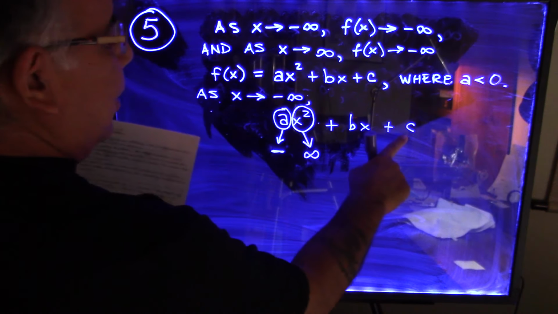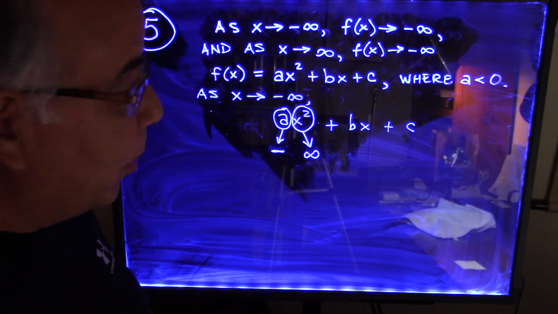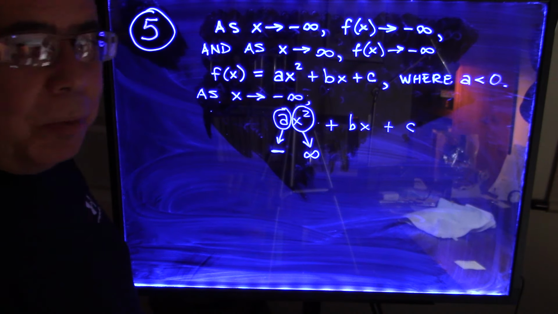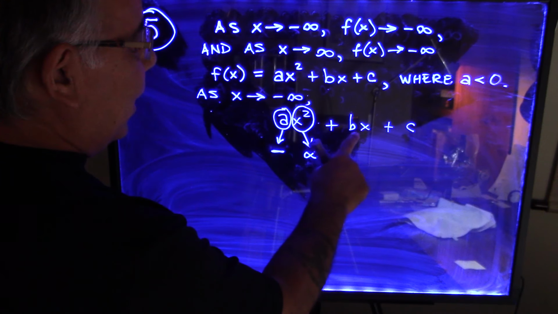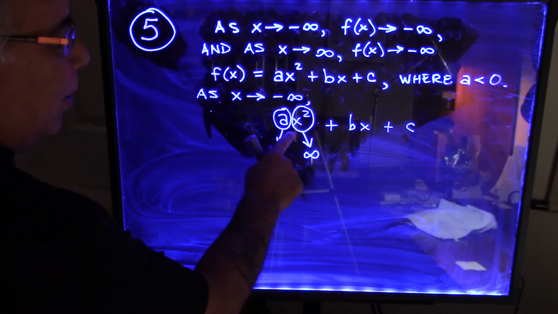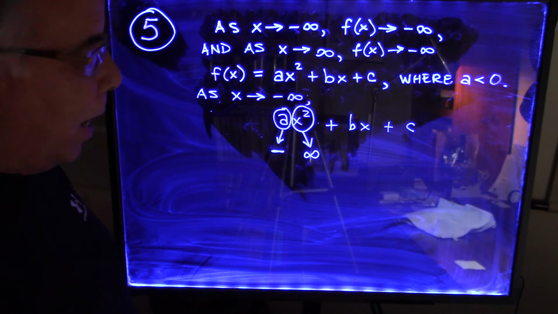This c is just a constant. It always stays the same. It's some real number, so that doesn't really contribute too much in the long run, so to speak. This is b times x, x to the 1 power, compared to this does not get very big in absolute value.